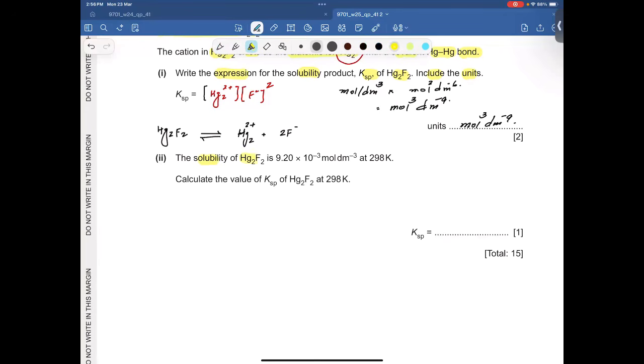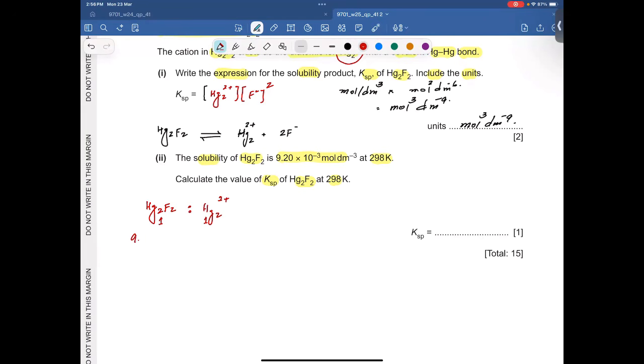The solubility of this compound is given in mole per dm cube. Calculate the value of Ksp. That's an easy thing. See, guys, Hg2F2 and Hg2 2+ ions exist in 1:1 ratio according to the equation.